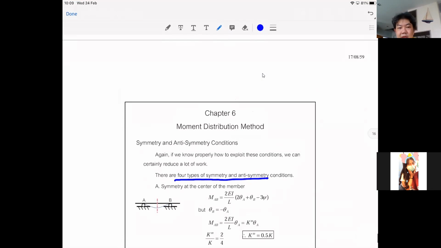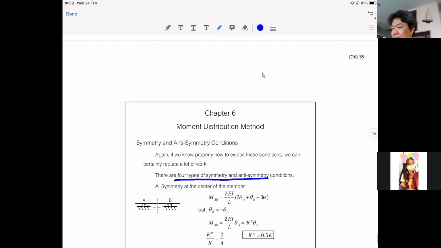So we have, let's say, the odd number of spans and the even number of spans. Okay, odd means like 3, 5, 7, 9, 11. Even would be 2, 4, 6, 8, 10.